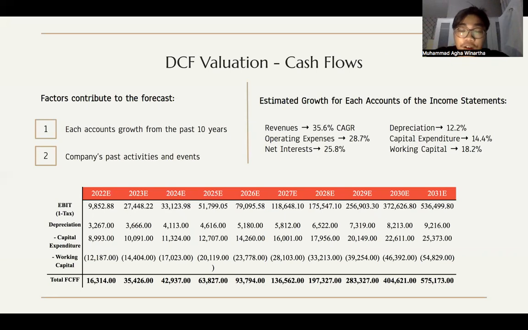So these are the estimated growth for revenues, operating expenses, net interest, depreciation, capital expenditure, and working capital. From this estimation from 2022 until 2031, we have the estimation of the future cash flow of the firm.